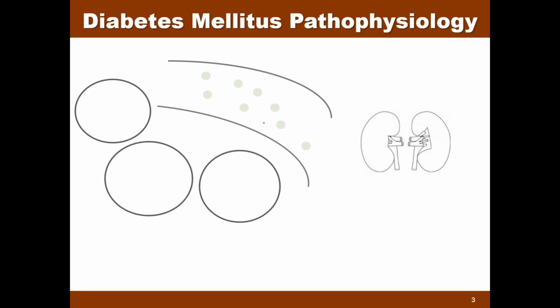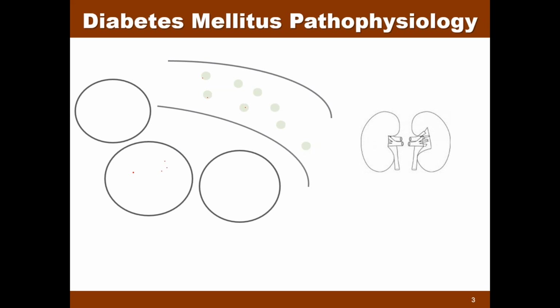What happens in diabetes mellitus is the lack of insulin, and with the absence of insulin, your glucose cannot enter the cells. So when glucose cannot enter the cells, your cells are in a state of starvation. They cannot use glucose as a form of energy.